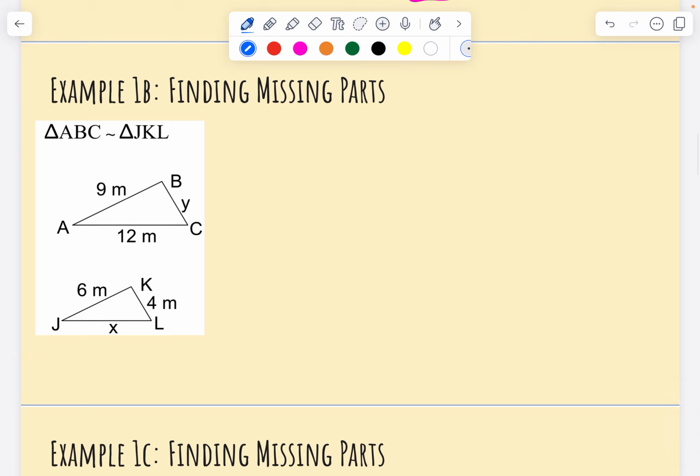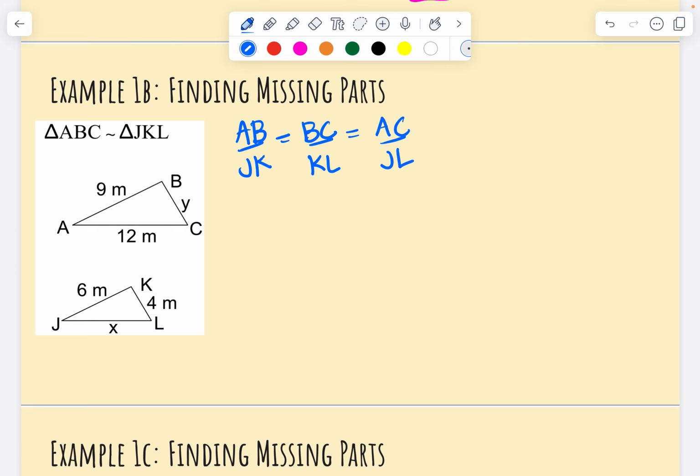So let's get another one here. They're telling me ABC is similar to JKL. So AB over JK equals BC over KL equals AC over JL.